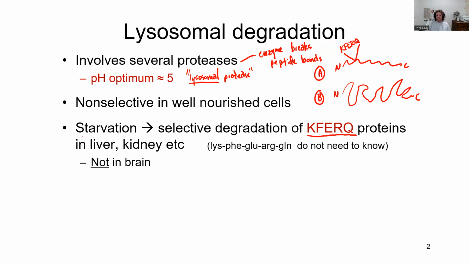Whereas under starvation conditions, these lysosomal proteases are going to go after protein A first, because the proteins that have this KFERQ, think about those as proteins you don't need to have a lot of in order to continue functioning.